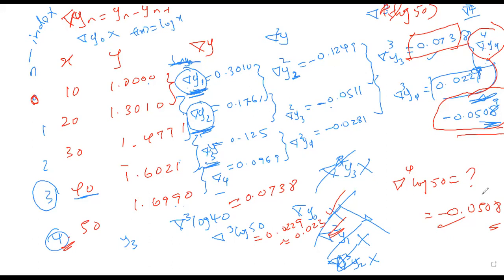Also, they ask, assuming third difference to be constant, find the value of sine 25. So you can use the table itself, but they are saying to assume the third difference to be constant. But obviously, when you are finding the table itself, you can find it is coming as the same.